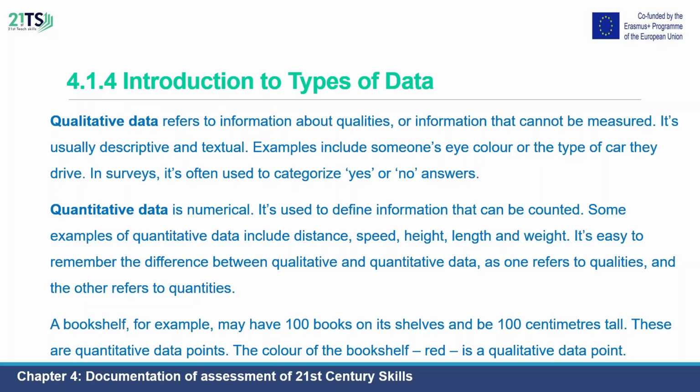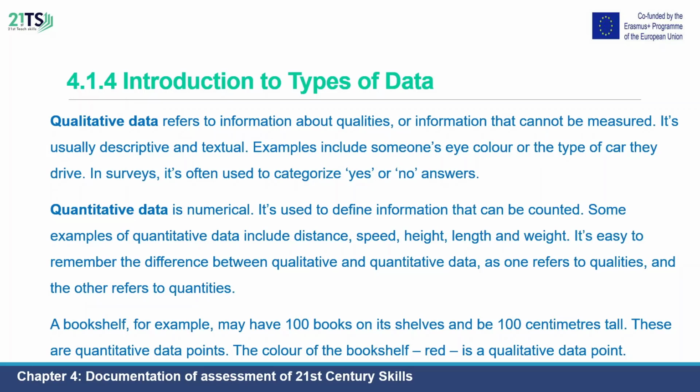Quantitative data is numerical. It's used to define information that can be counted. Some examples of quantitative data include distance, speed, height, length, and even weight. It is easy to remember the difference between qualitative and quantitative data, as one refers to quality and the other refers to quantity.